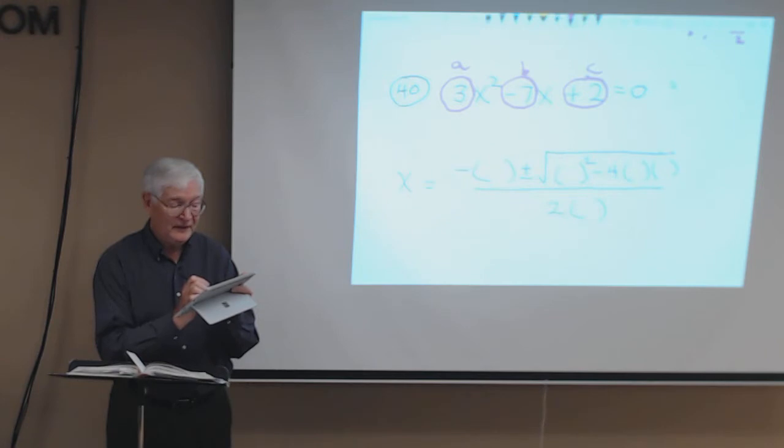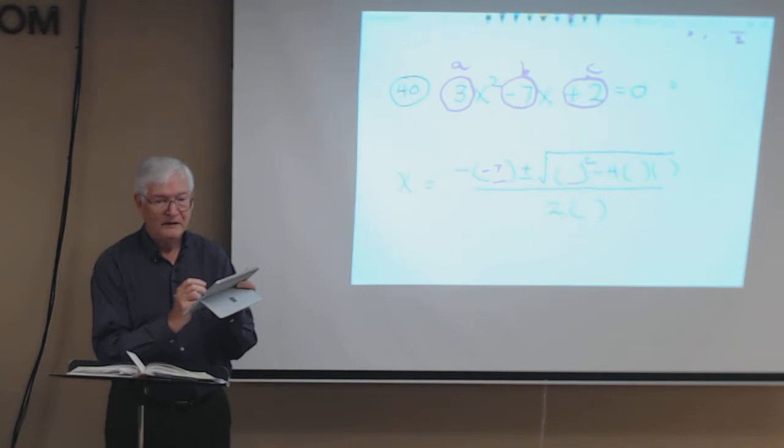Now what goes in here? What letter is in here on the formula? So what number is B? Negative 7. What goes in here? What letter is in here? B, so that's negative 7 again. What goes here?